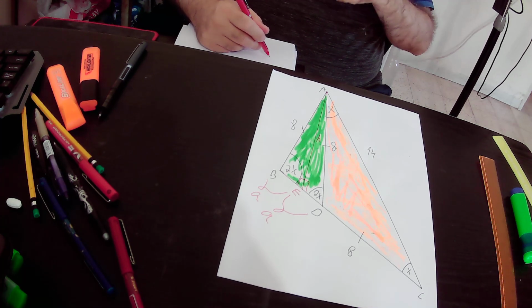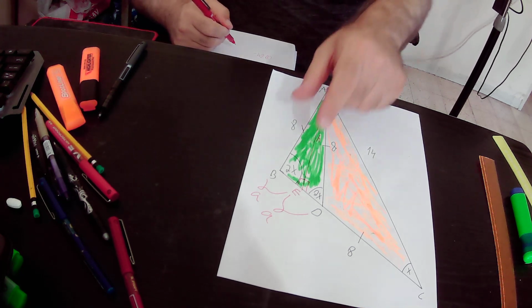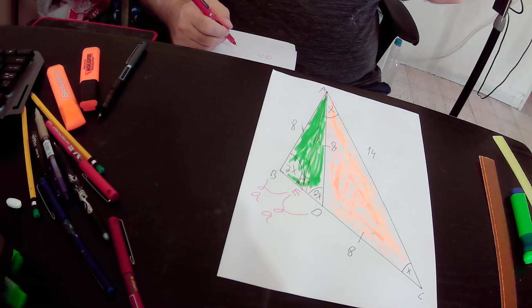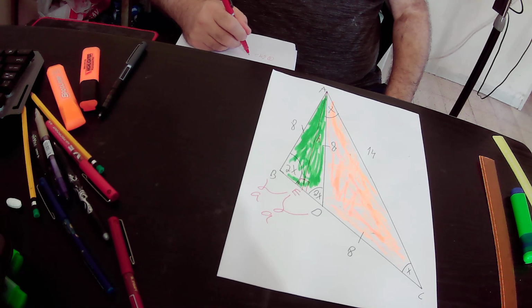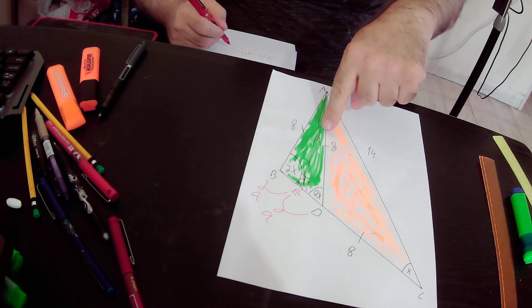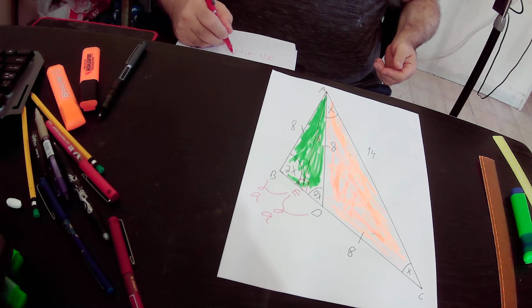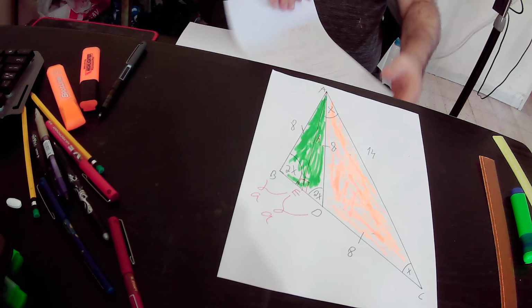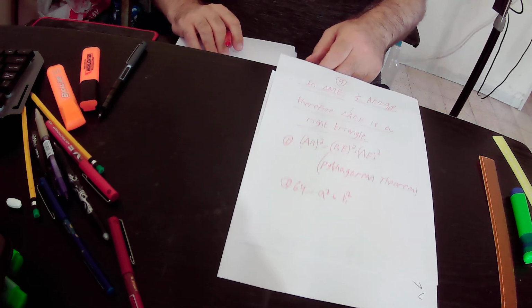So AB square is 8 square, and 8 square is 64, equals BE square. BE equals A, so BE square is A square, plus AE square. AE equals H according to our definition, so AE square is H square. So equation number 1 states that 64 equals A square plus H square.